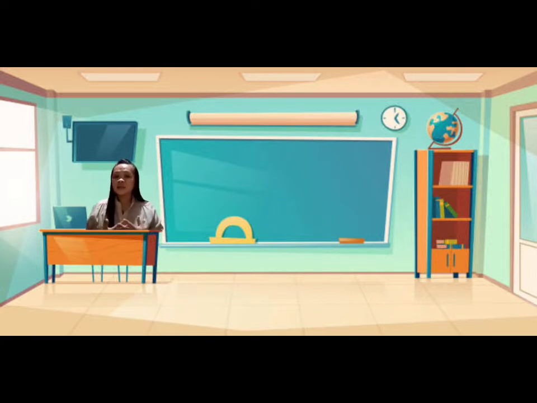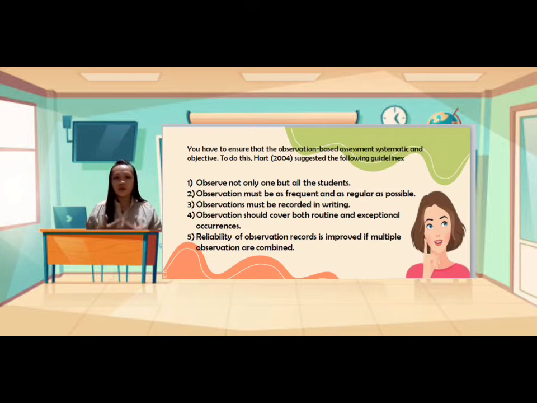There are suggested guidelines from Hart of 2004 that enable us to come up with systematic and objective authentic assessment. First, we need to observe not only one but all students. Second, observations must be frequent and as regular as possible.